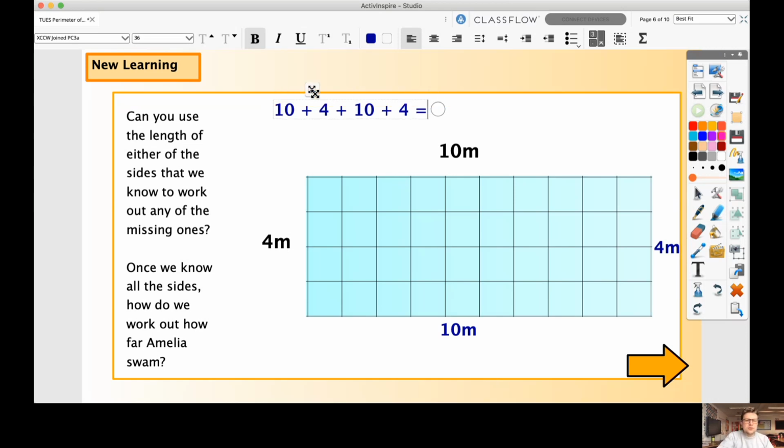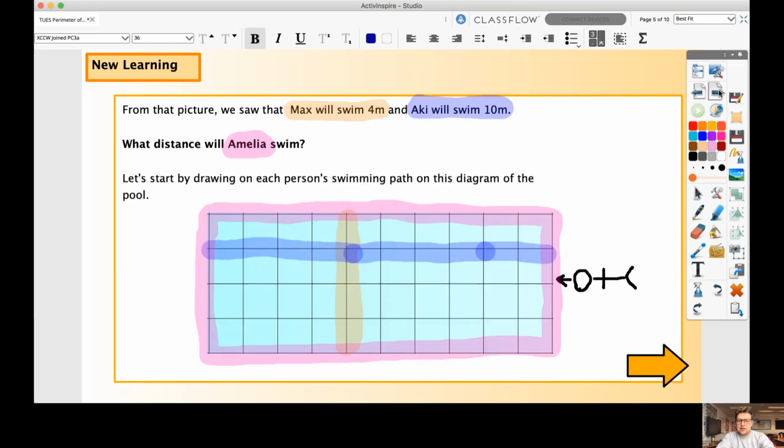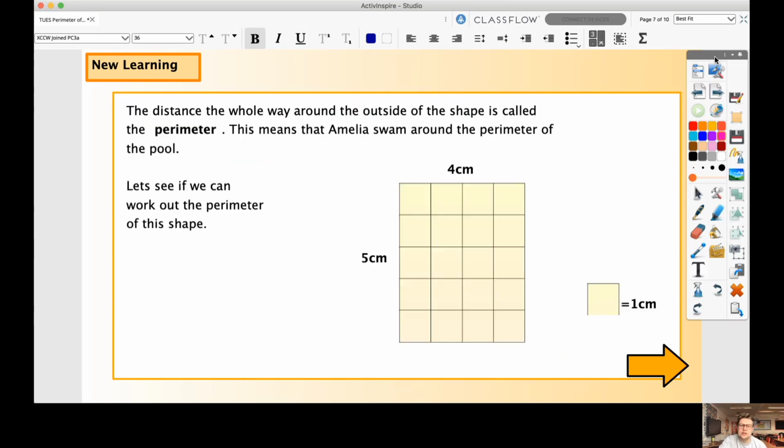So 10 add 4 is 14, add 10 is 24, add 4 is 28, which means that Amelia swam 28 meters. Okay, so Max swam 4. Let's write them on. Max swam 4 meters. Aki swam 10 meters. And Amelia swam 28 meters. So Amelia did swim the longest.